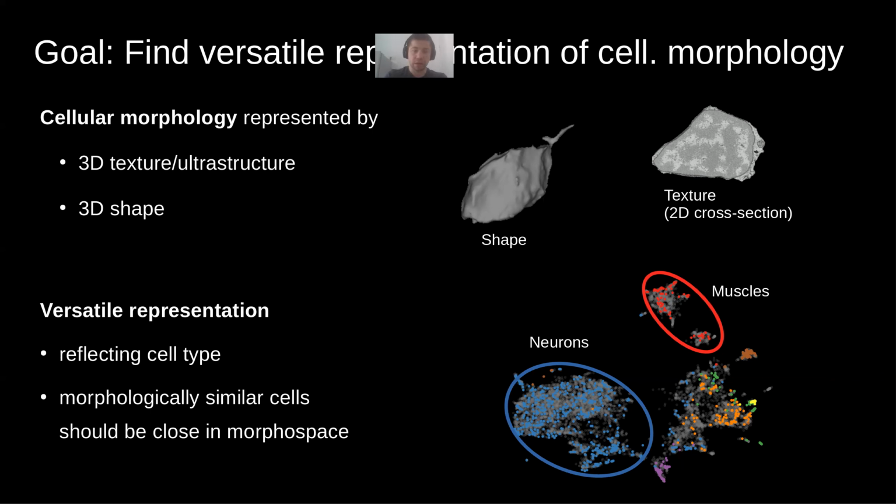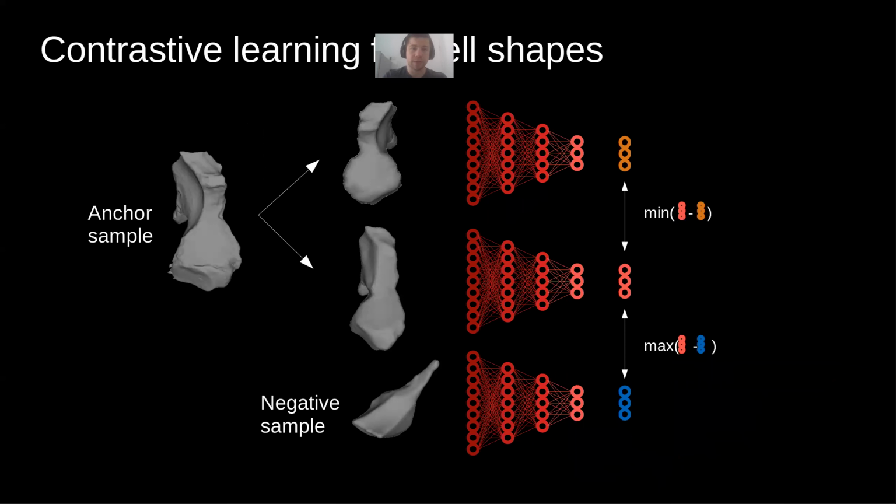So the approach that we took is based on deep learning, because neural networks are very powerful in visual representation learning. And more specifically, one of the key ingredients that we used to train our neural networks was contrastive learning. And I will explain here how we used contrastive learning on the example of cell shapes.